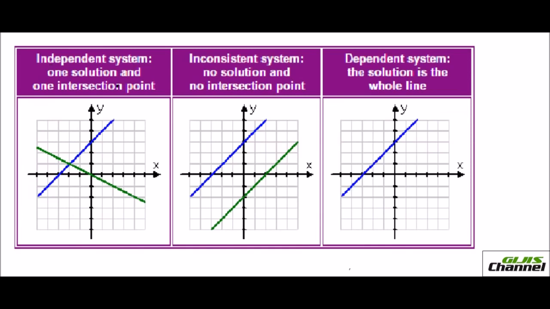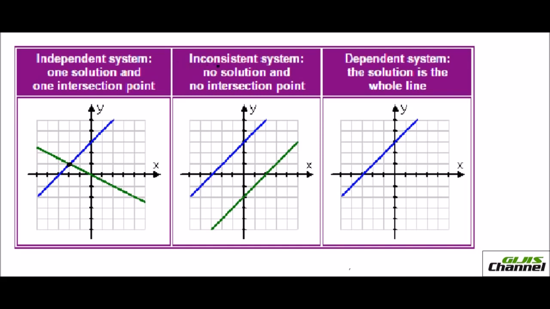It is independent because they are two different lines, but they just have one solution in common, one point where they meet, and that point is your solution. So you have two independent lines meeting at one point and one solution. Understood? That is what we got in the previous sum, one point of intersection where the lines meet.